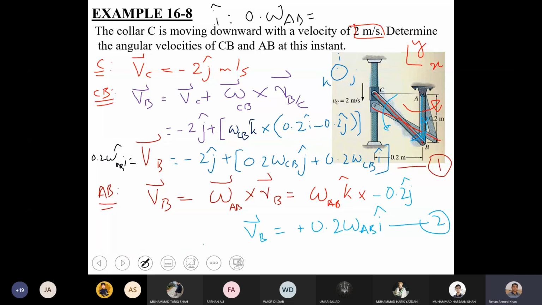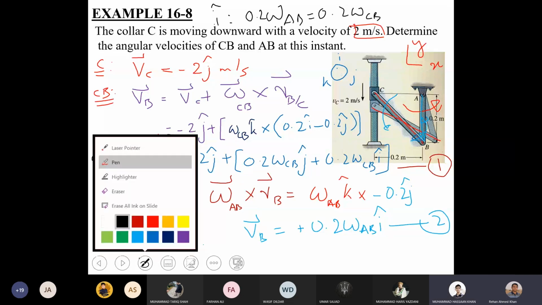It is 0.2 omega AB. So the I coefficient is 0.2 omega AB. What is the I coefficient on the right side of this equation? 0.2 omega CB. What does this equation represent? Omega AB should be equal to omega CB.